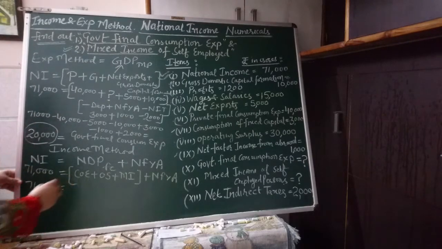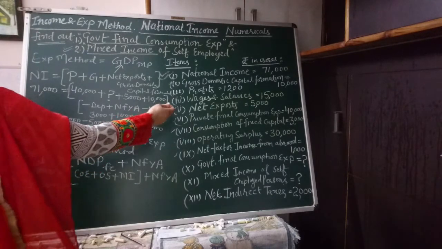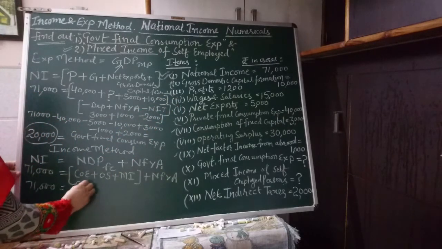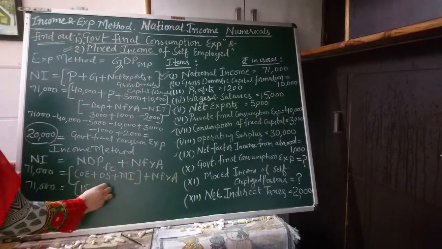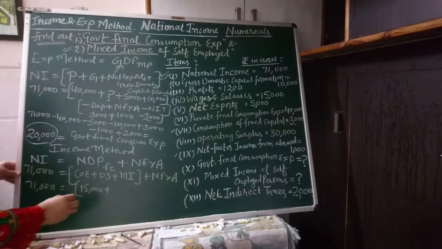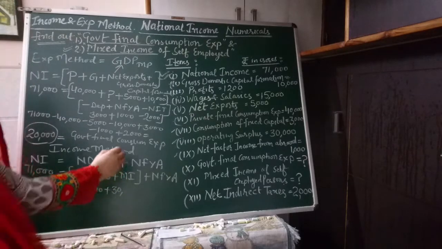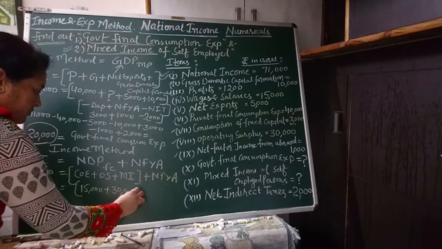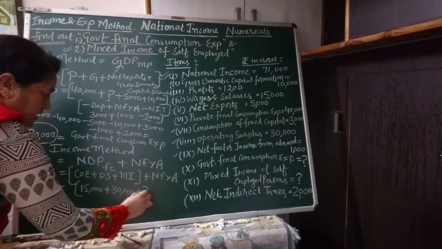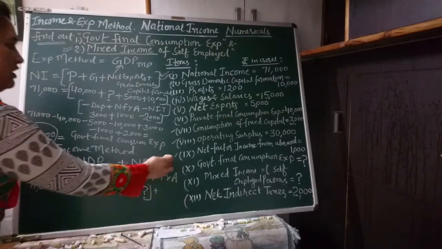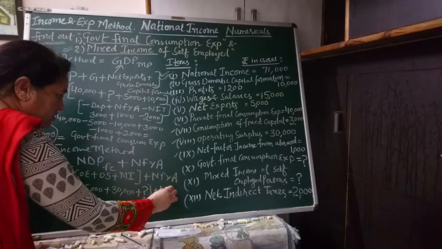71,000 is equal to the component of compensation of employees, that is wages and salaries, which is 15,000 plus operating surplus is given 30,000 plus question mark, we have to calculate mixed income of self-employed persons, plus net factor income from abroad is 1,000.